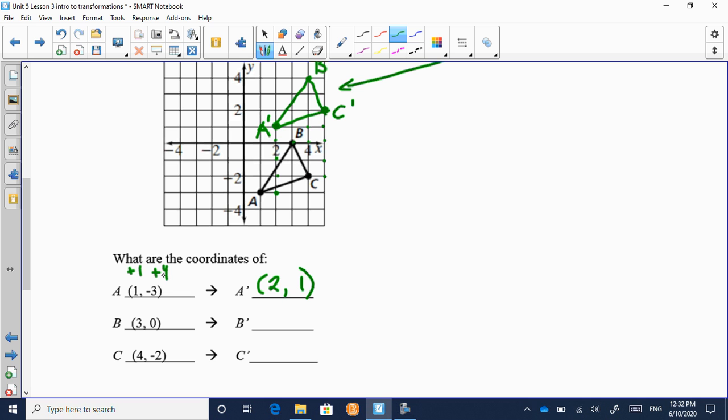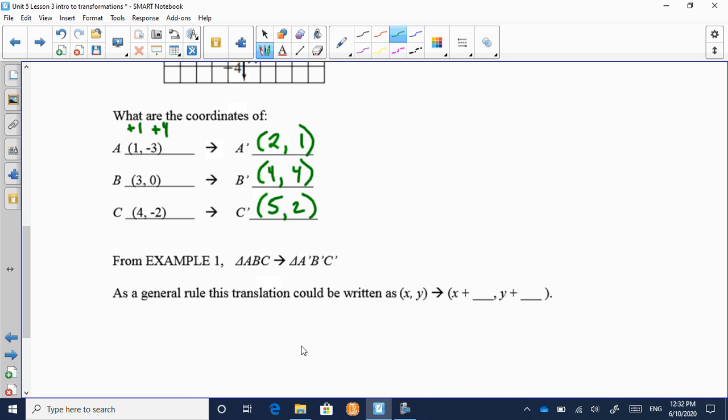And that's the 4 up. And we're doing that for each one of these. So look at this. 3 plus 1 is 4. 0 plus 4 is 4. There, that's the new B. That's B prime. And sure enough, this last one is 5, 2. So those are the coordinates of the point. So as a general rule, this translation could be written as x plus 1, y plus 4. Every point is moved by those amounts.